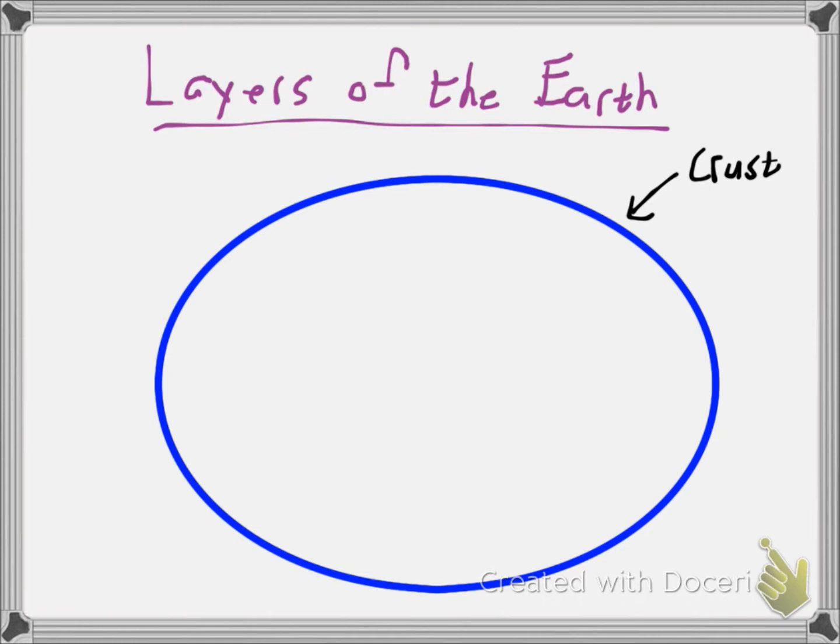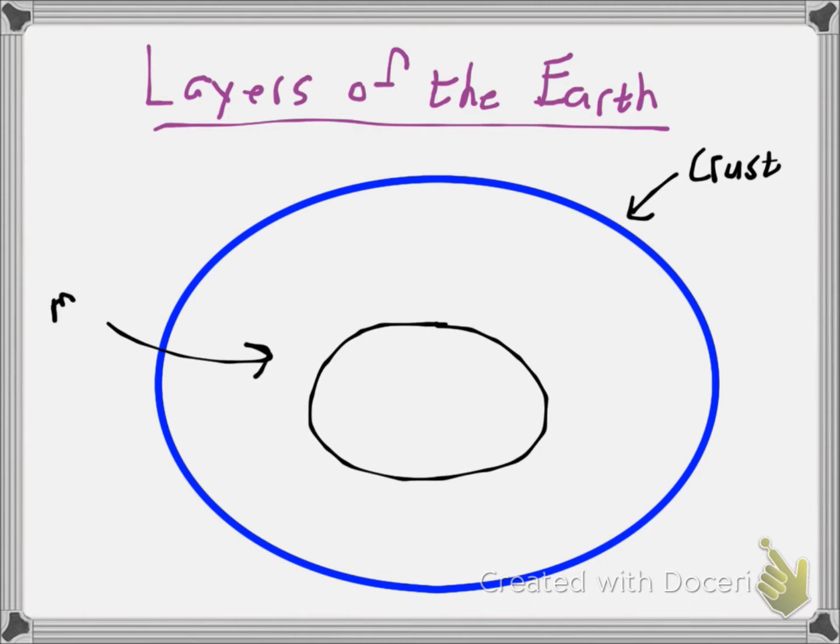And so that's going to go probably down to about, if we draw a circle here for the next layer, this middle part here is the mantle. The mantle is a thick layer. It's denser than the crust, and it's composed of magma, which, as we discussed, is essentially a liquid rock.